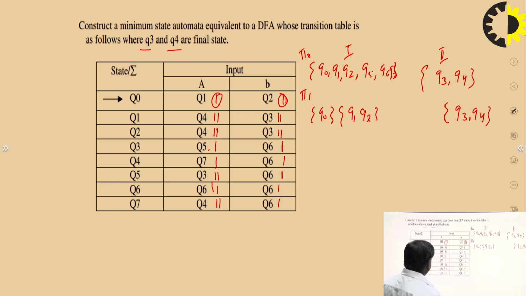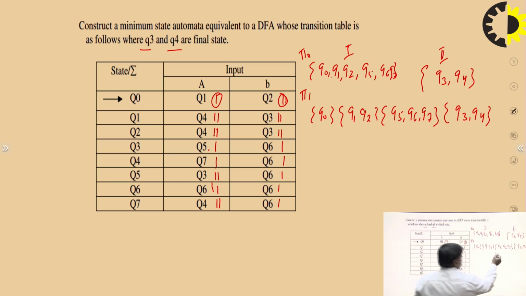The remaining set is Q5, Q6 and Q7, which have similar behavior, because here it is 2, 2, 2, 1, 1, 1. So now these lie in the same set. We move to set 1, set 2, set 3, set 4.